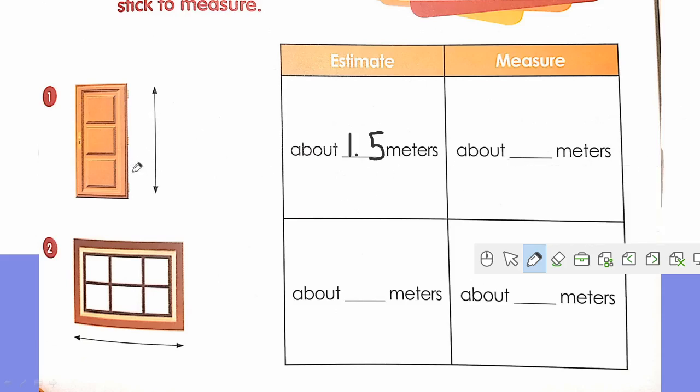But I measured the length of my door and it's about 2 meters. I used the measuring tape to measure the length of my door. Do you remember the measuring tape? Which we took in the science, which is like this.